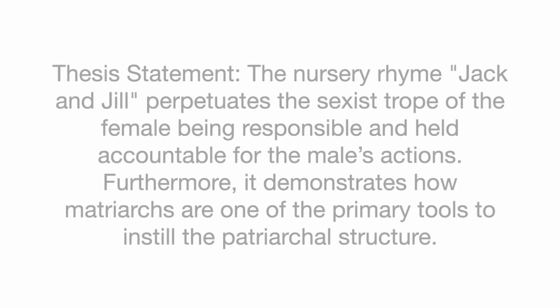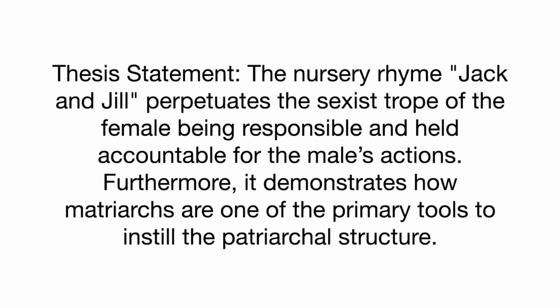So what is a thesis statement that I could derive from this feminist lens? The nursery rhyme Jack and Jill perpetuates the sexist trope of the female being responsible and held accountable for the male's actions. Furthermore, it demonstrates how matriarchs are one of the primary tools to instill the patriarchal structure.